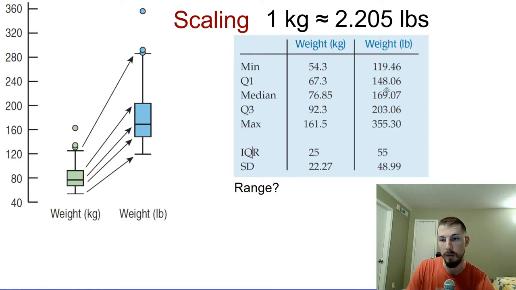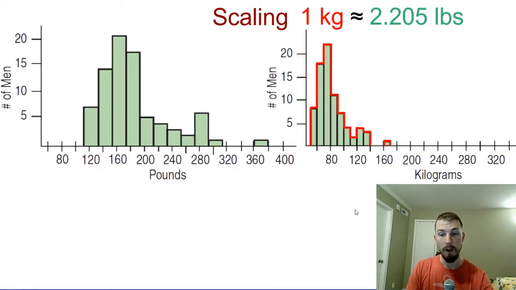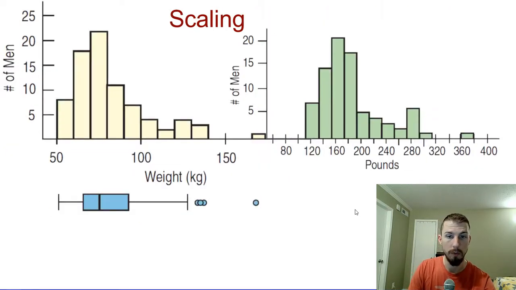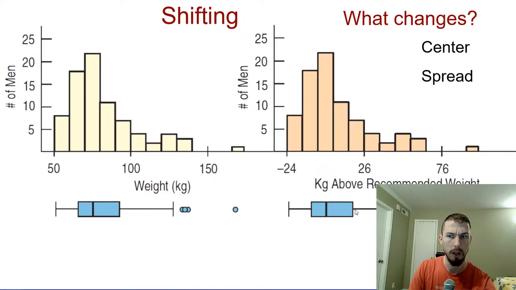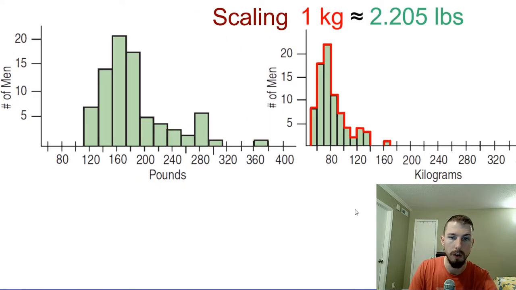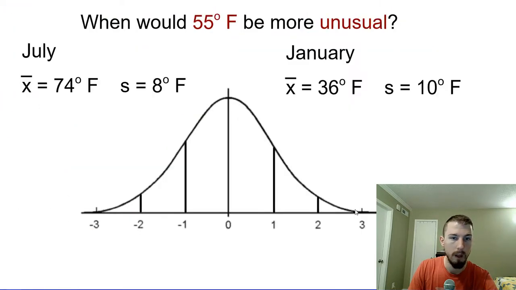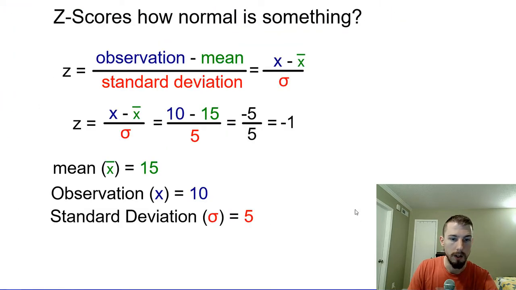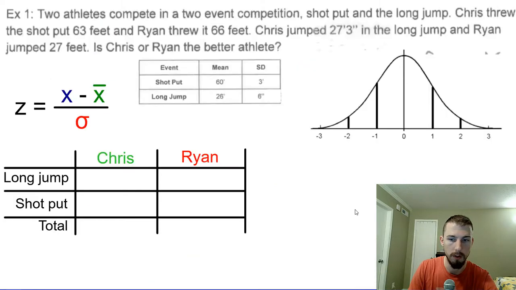Every single statistic we could gather is going to be multiplied by 2.205. However, when we're shifting, measurements of spread are not affected by shifting, only by scaling.